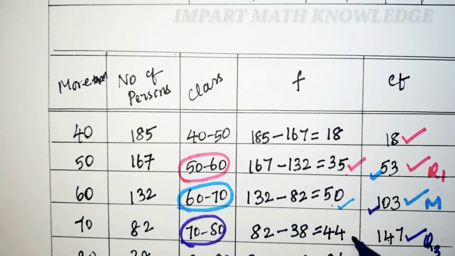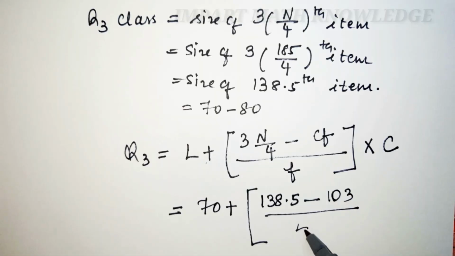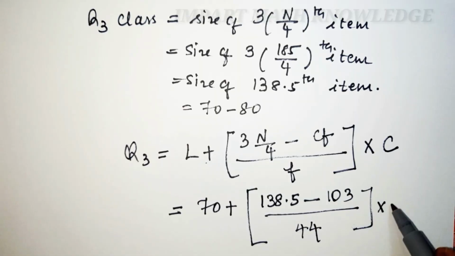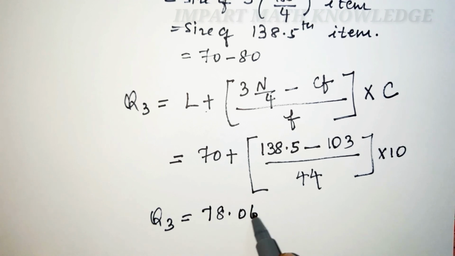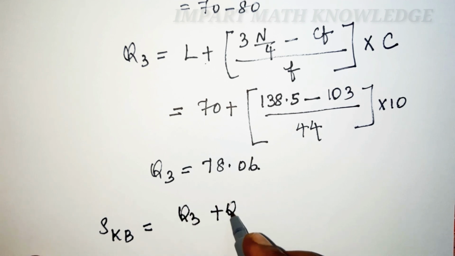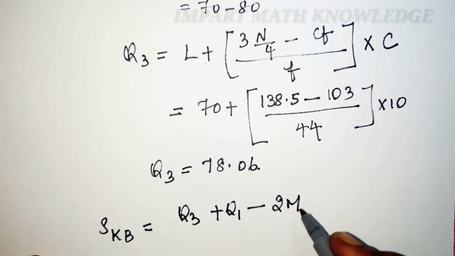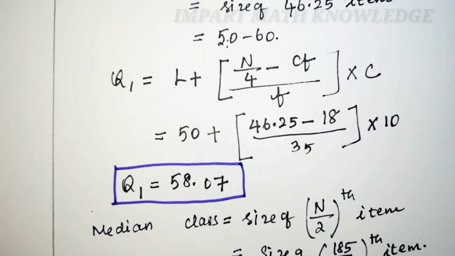Frequency in the Q3 class is 44. So (138.5 minus 103) divided by 44 into 10. Simplifying this, we get Q3 is equal to 78.06.